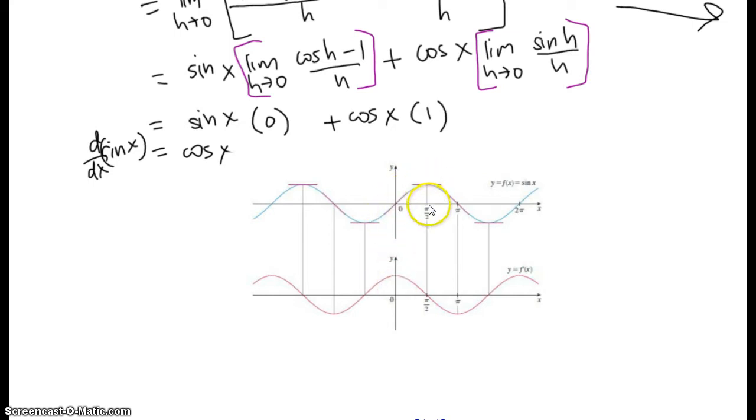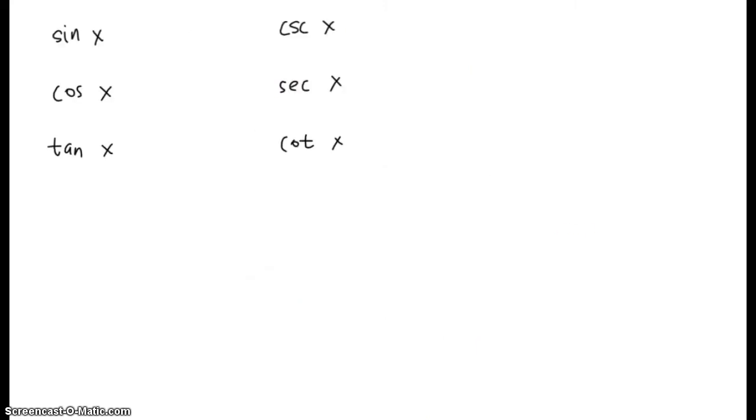The slope right here at pi over 2 is 0, because it plateaus right there, and cosine of pi over 2 is 0. The slope here is going to be negative 1 at pi because the output of the cosine function is negative 1 as well.